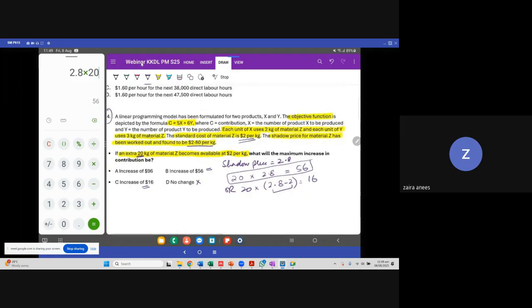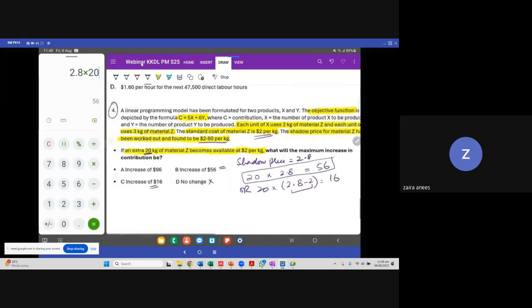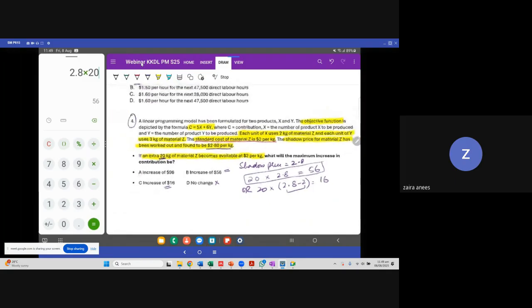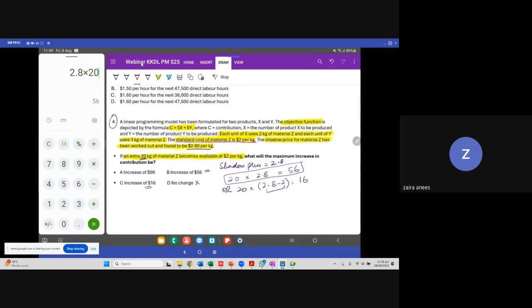See, this $2 is the standard price of material Z, which you have already included in your contribution calculation, right?